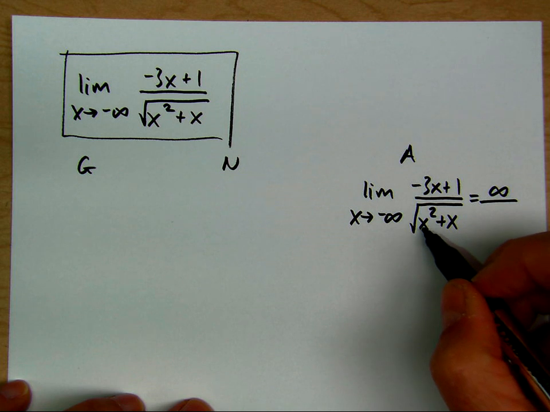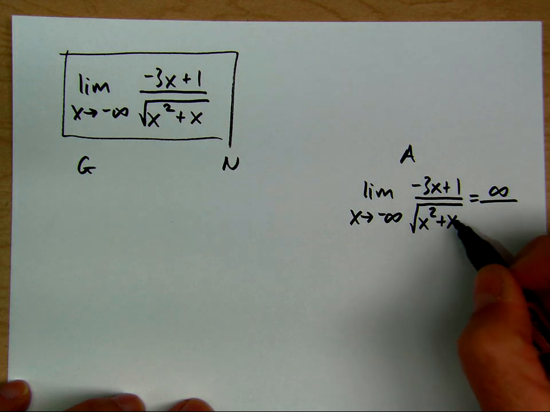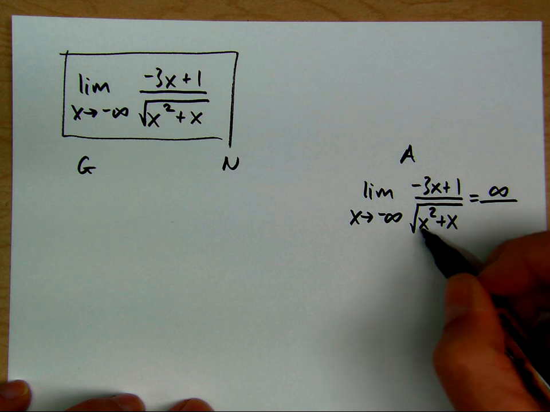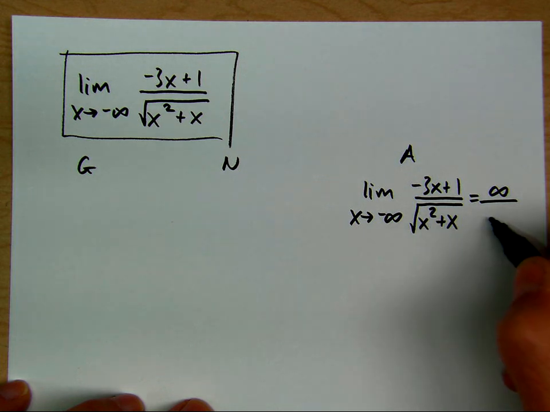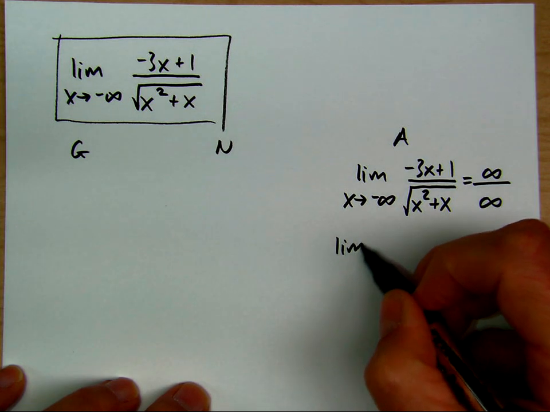In the denominator, we'll have a positive here minus a smaller number, so this is always positive, and we have infinity over infinity. That's indeterminate, so we have to rewrite it.